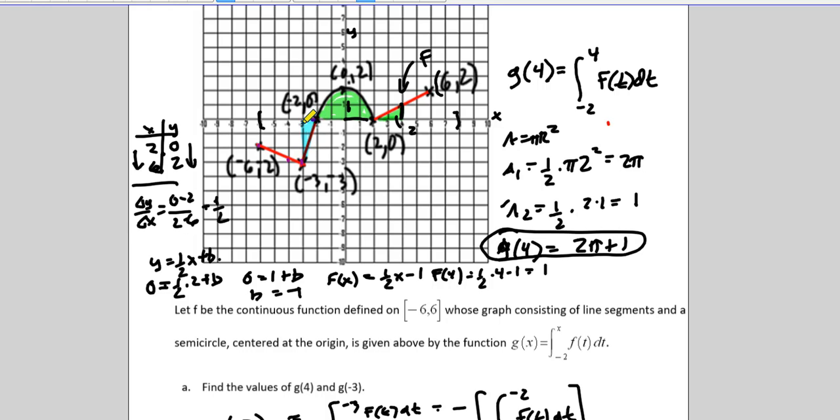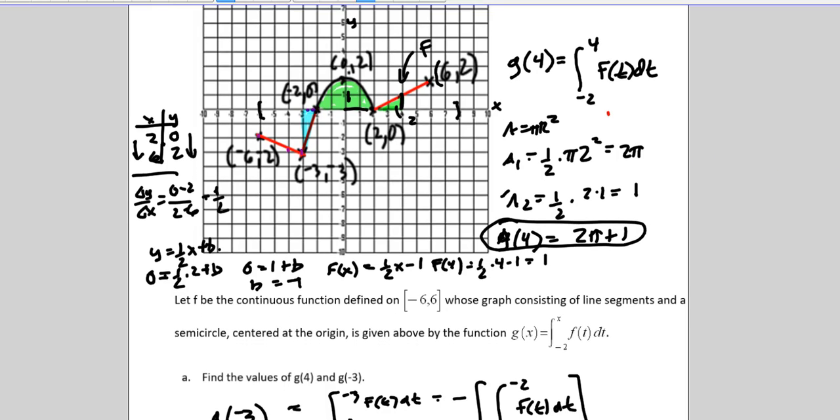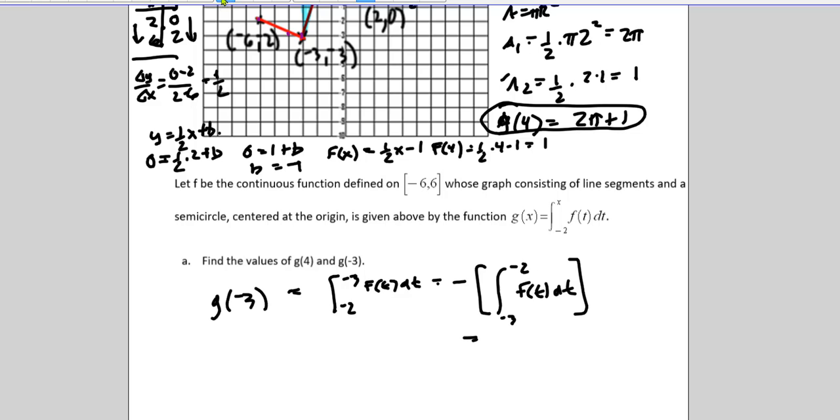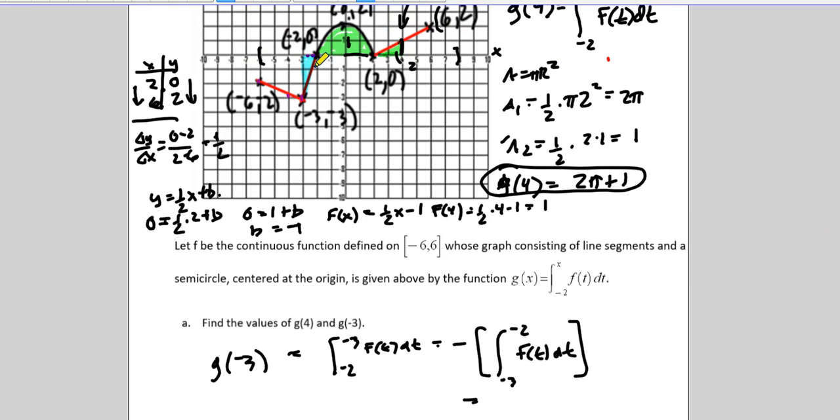So that's a triangle. The base is 3, the height is 1, so that's going to be 1/2 of this. And by the way, the curve is under the x-axis here, so it's going to be a negative area.